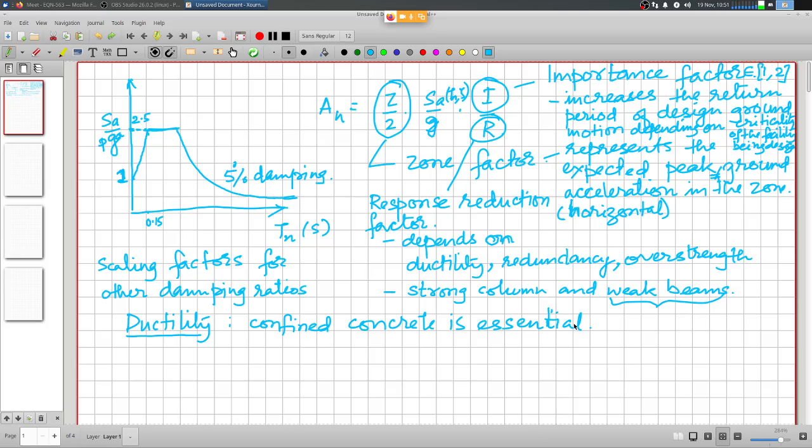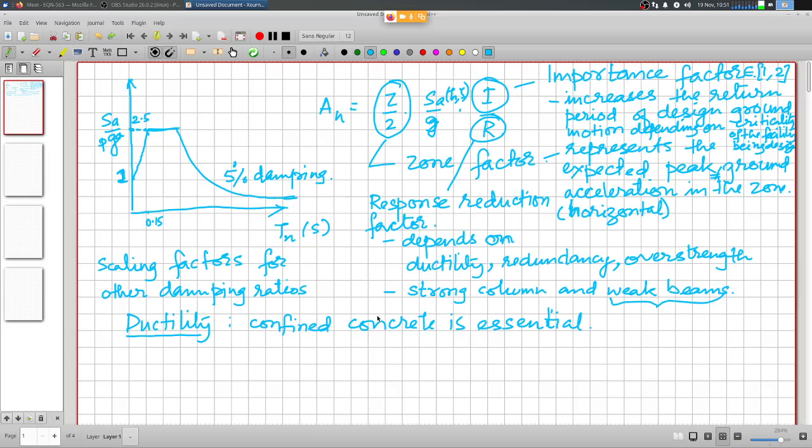And therefore you need to have confinement, with hoop reinforcements or lateral ties at a much closer spacing, and that will improve the concrete behavior under confinement.